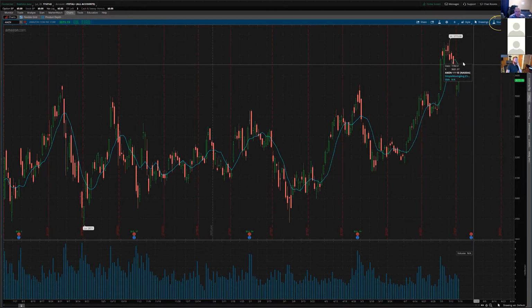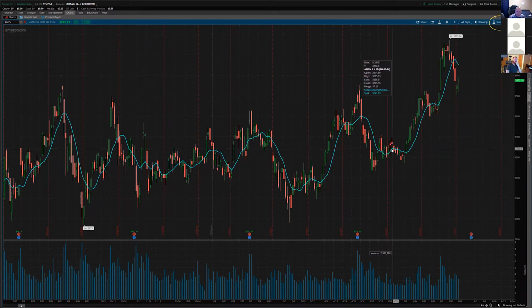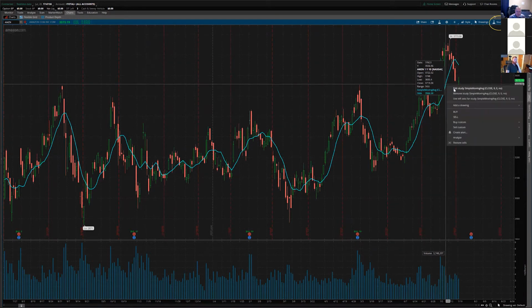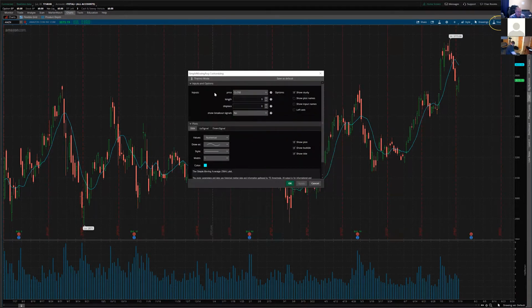If I want to modify these technical indicators, and this is the same for every indicator that shows on the graph, I click on this blue line, which is my SMA. Again, I'm going over a couple of things before we do anything else. But if I click on the blue line and right click, you can see length.